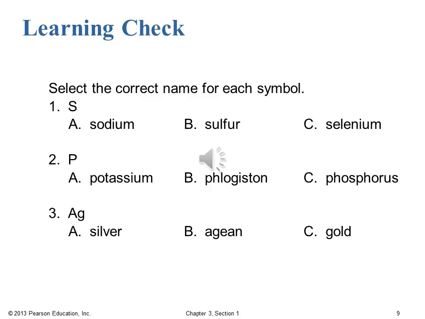Number 2, the capital P, is that A, potassium, B, phlogiston, or C, phosphorus? And finally, number 3, capital A, lowercase g, is that A, silver, B, aegeon, or C, gold? So if you haven't already made your selections and need another moment, pause the video. Otherwise, we'll see how you did.